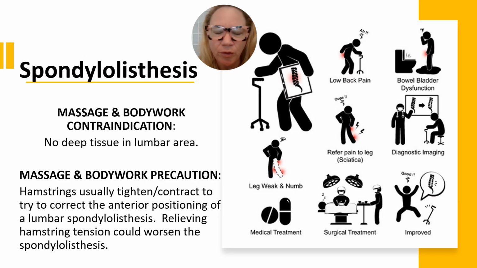When spondylolisthesis occurs in the low back, it's referred to as lumbar spondylolisthesis. And while it's L3 that usually slips over L4 most commonly, it can be as low as L5 slipping over S1 as well. And it can occur anywhere in the spine, but again, it's most common in the lumbar area.